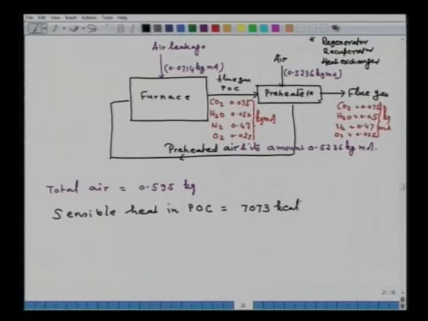You have to simply multiply the heat content of CO2, H2O, N2 and O2 at the respective temperature, and you will get the sensible heat in POC because the temperature is same as it was earlier. Now, we have to calculate regenerator efficiency.